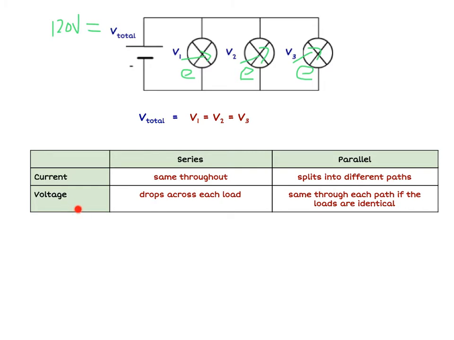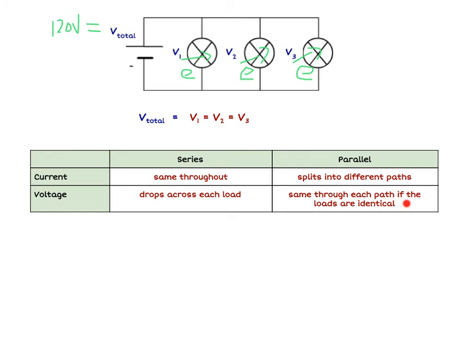So the voltage, if we're talking about in series, will drop a little bit across each load because all of those loads are in the same pathway. And so the sum of the individual drops equals the sum of the energy gain that's gained at the battery again. In parallel, the voltage is the same through each path if the loads are identical, right?